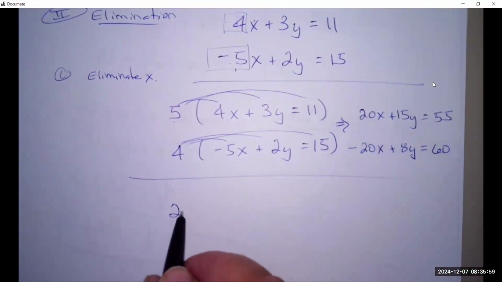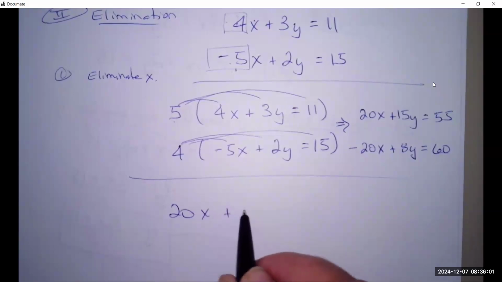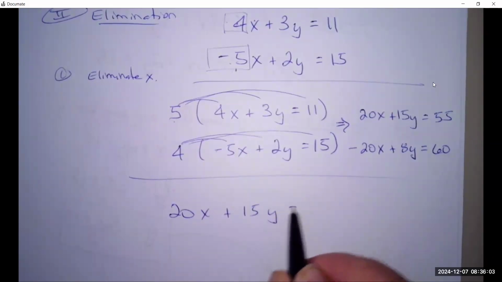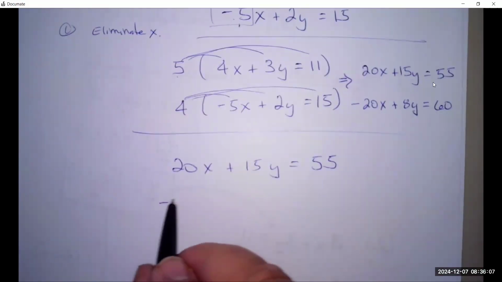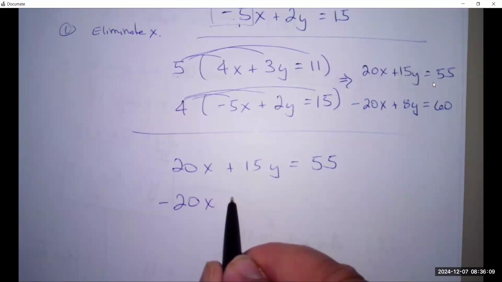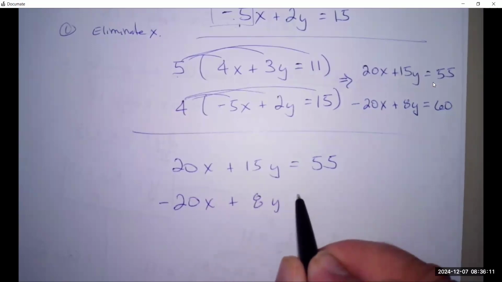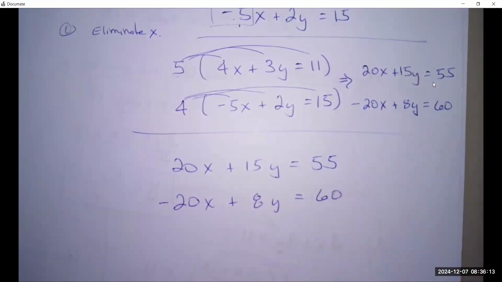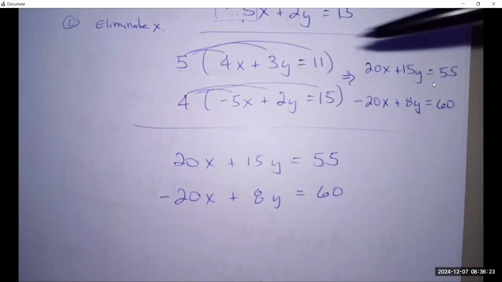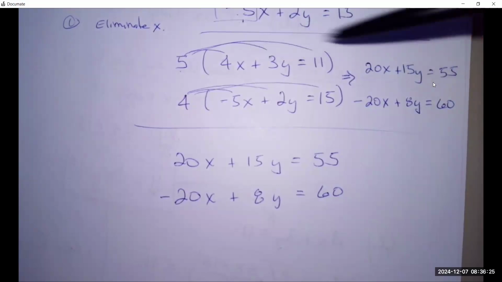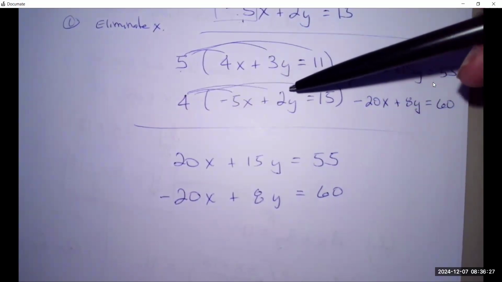So that gives us 20x plus 15y equals 55, and negative 20x plus 8y equals 60.